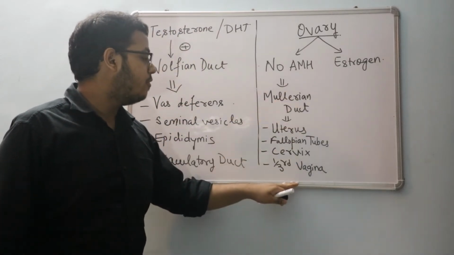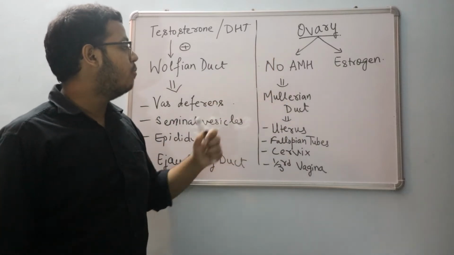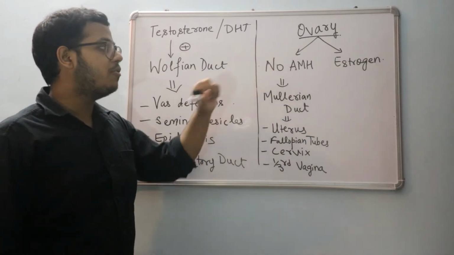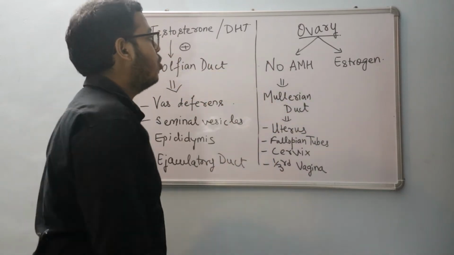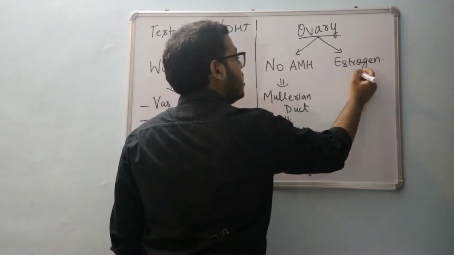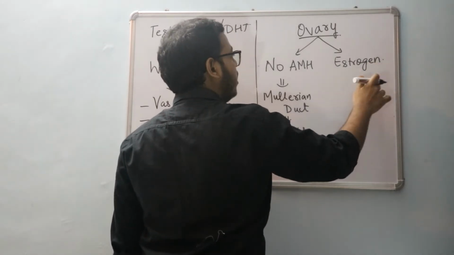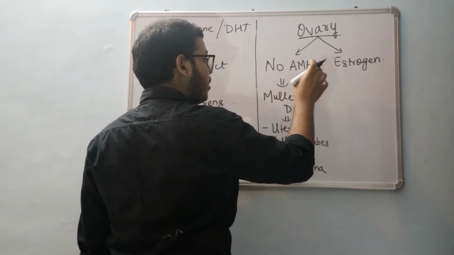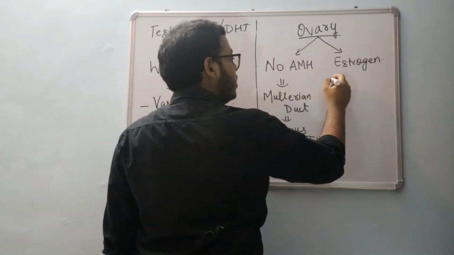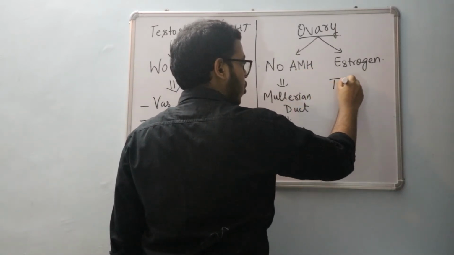These are the female internal genitalia, formed by the Mullerian duct in absence of AMH, because AMH is not produced as there is no testes. The ovary does not produce AMH, and estrogen will be present definitely.